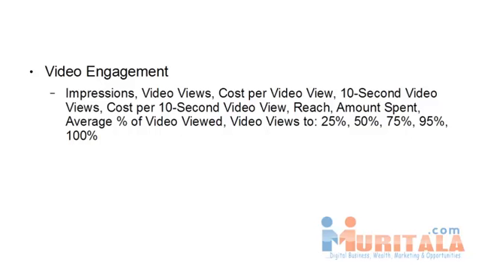Then there's video engagement if you're running a video ad. And these cover impressions, video views, cost per video view, 10-second video views, cost per 10-second video view, reach, amount spent, average percent of video viewed, video views to 25, 50, 75, 95 and 100%.